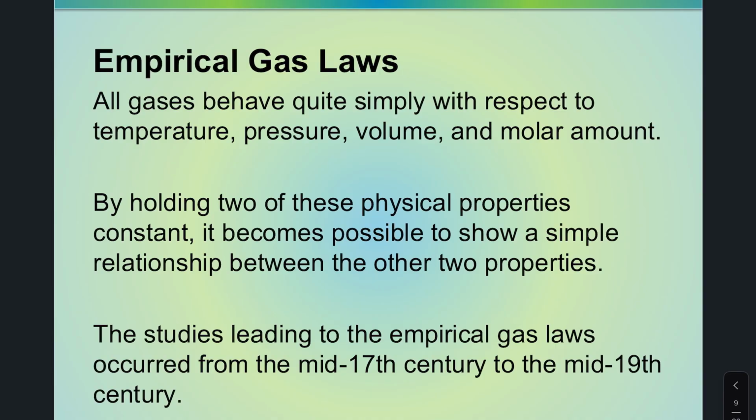All gases behave quite simply with respect to temperature, pressure, volume, and molar amount. That's going to be T, P, V, and n, just like on slide 2, I think. By holding two of these properties constant, we can show a simple relationship between the other two properties.